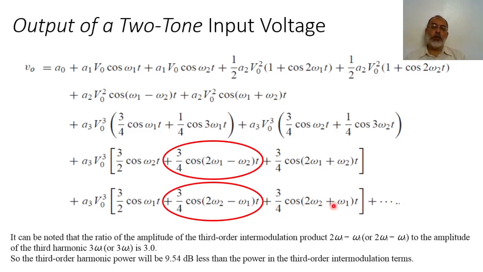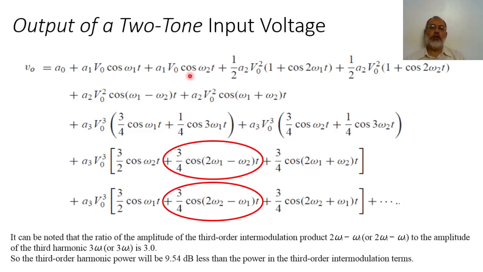From the point of view of frequencies, usually the values of ω1 and ω2 are quite close to each other. And 2ω2 and 2ω1 and 3ω2 and 3ω1 are much higher frequencies.